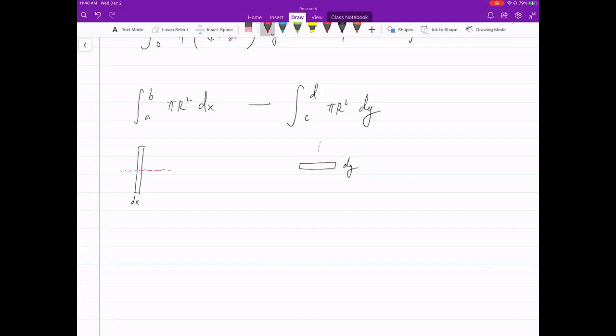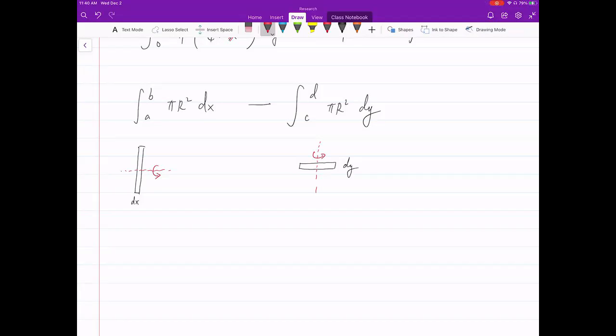For a disk like that, your axis has to be like this. So the direction of rotation determines dx or dy you should use. It's not a free choice anymore. Before, we could say if you want to do dx, do dx, if you want to do dy, do dy, when you do areas, right? For this one, it's not a free choice.